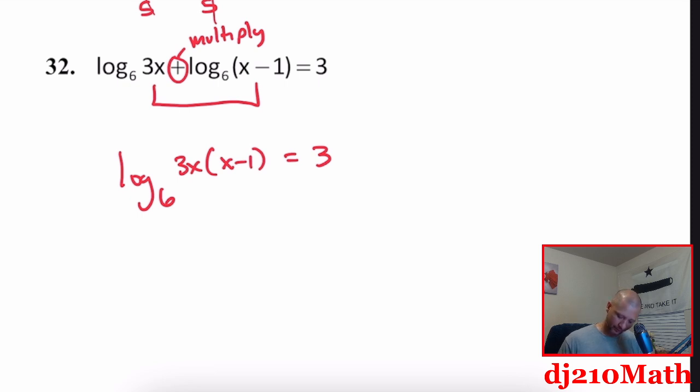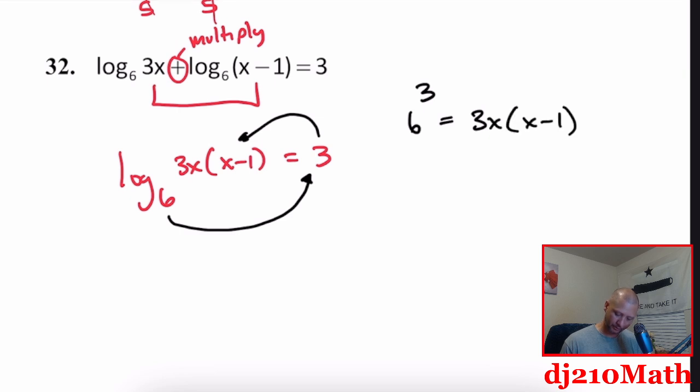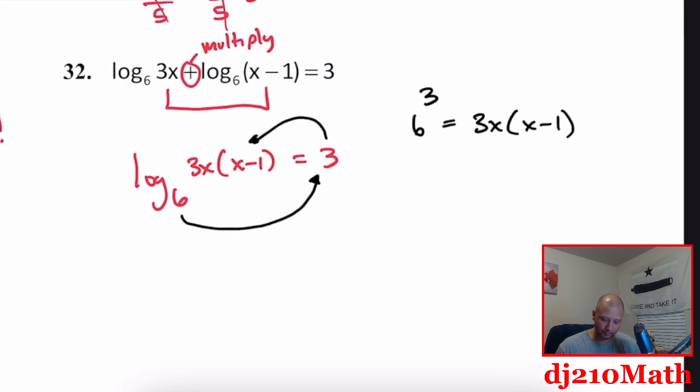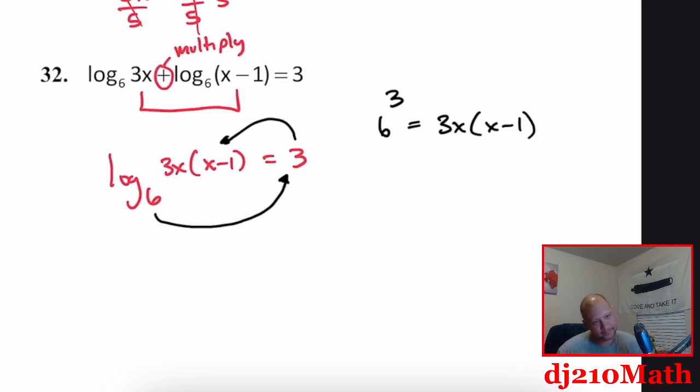So then we have 6 raised to the 3 power. This needs to equal whatever's right here. So 3x, x minus 1. Okay.